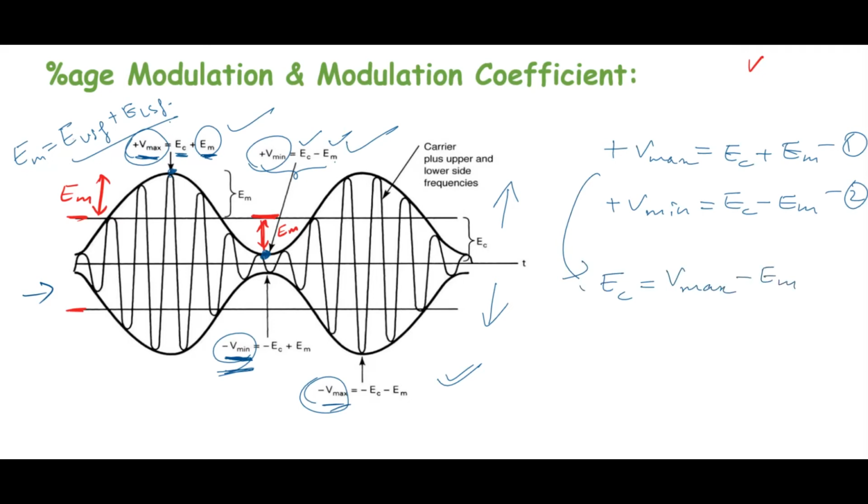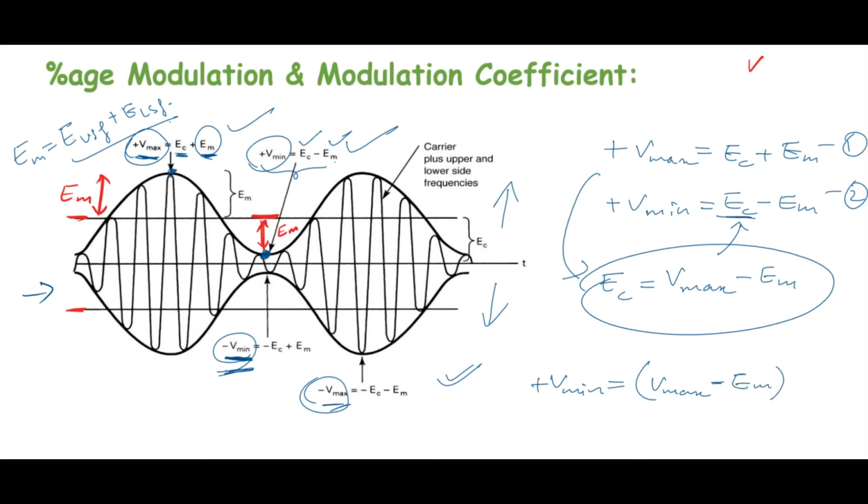I substitute this value in the second equation, so my Vmin becomes Vmax minus Em minus Em.